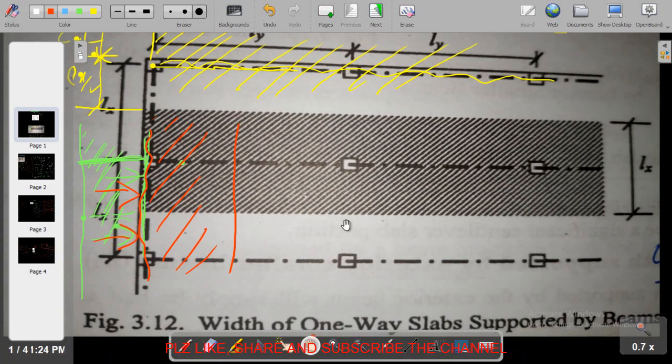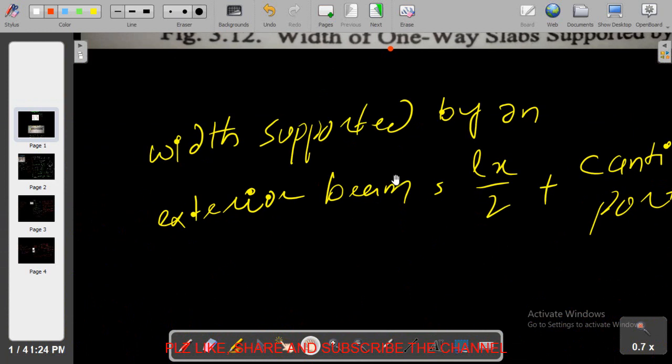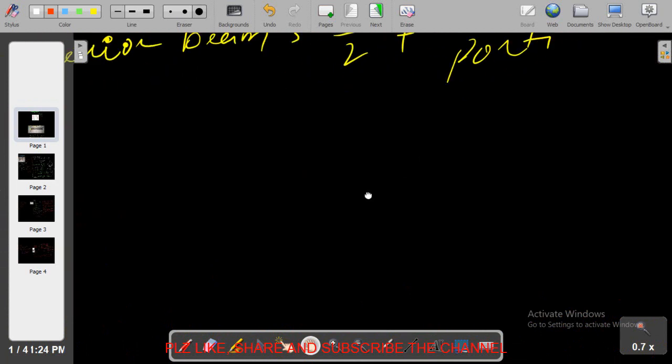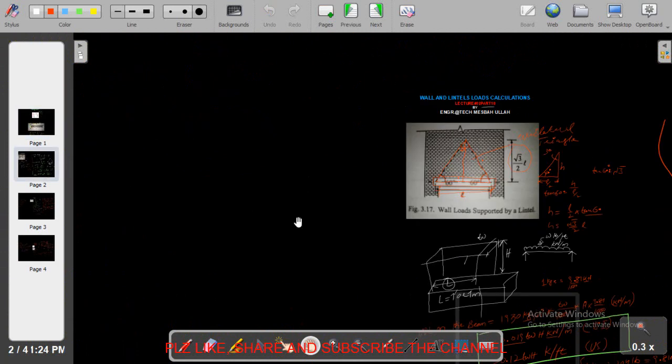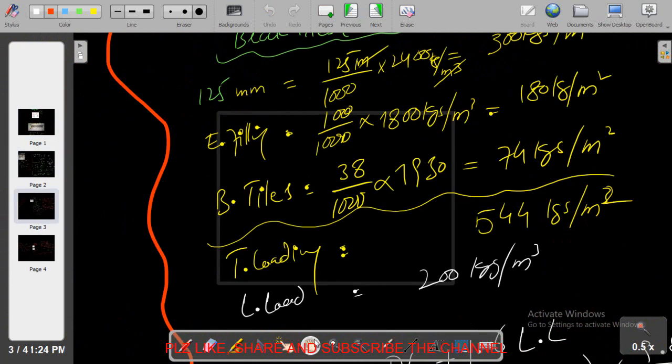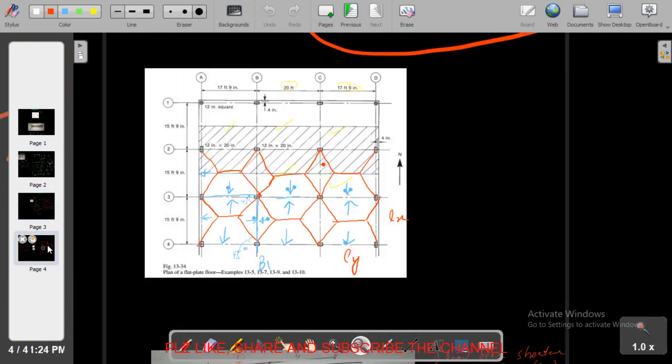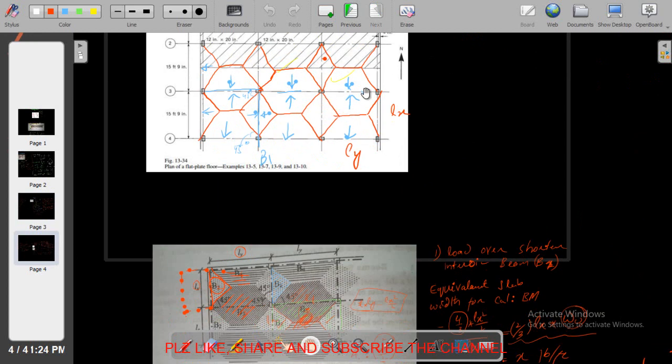In the case of a one-way slab system, the equivalent width will be Lx by 2 plus the cantilever portion, and similarly here in this case, this is not the case, we will use this case. Here is my double trapezoidal load.